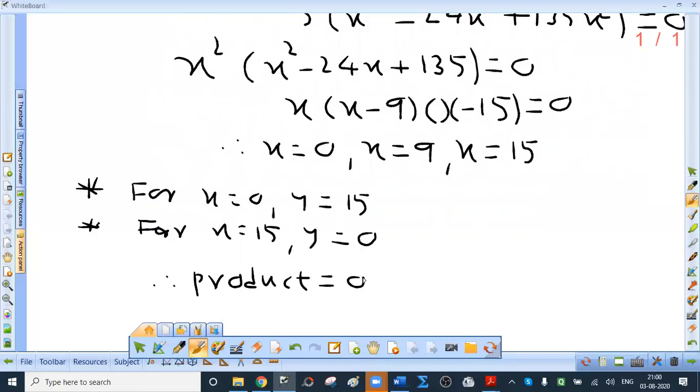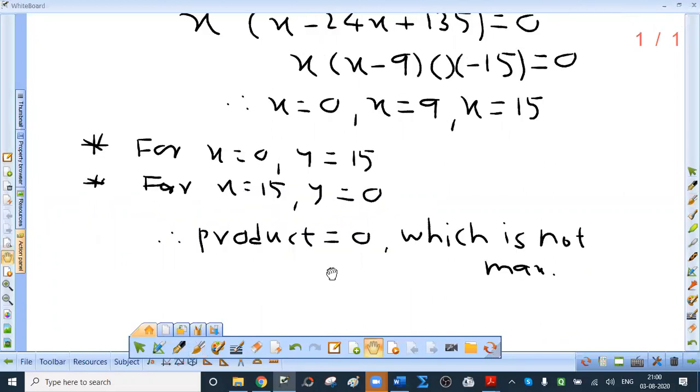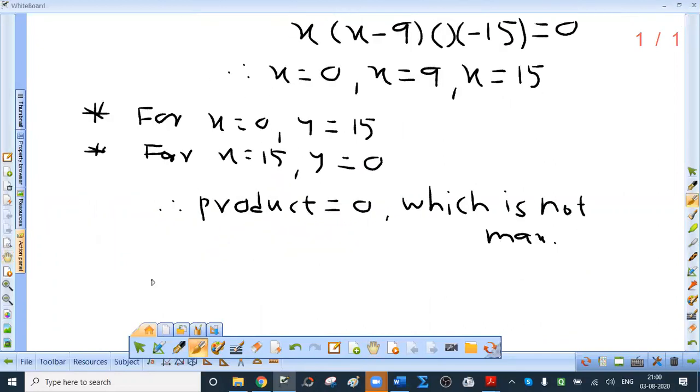One of the two numbers is 0. Okay, which is not maximum, clearly. Therefore, x is not equal to 0. x is not equal to 15. So what is x? x is nothing but 9. We discard these values. We consider x equal to 9.